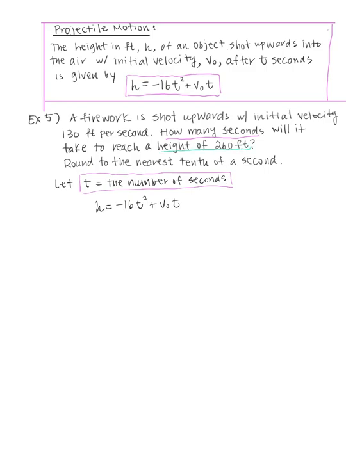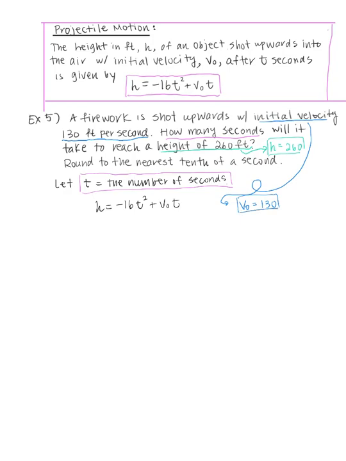Also, the initial velocity of 130 feet per second. So what we're given is that initial velocity, v sub 0, is 130, and the height h equals 260. Those are the important information that we need to use for this problem.